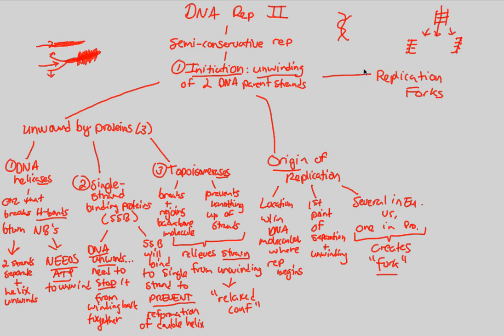This fork that's created, these replication forks, are very simply defined as the point at which both new strands, because remember, we have to make two blue strands over here, synthesize simultaneously.